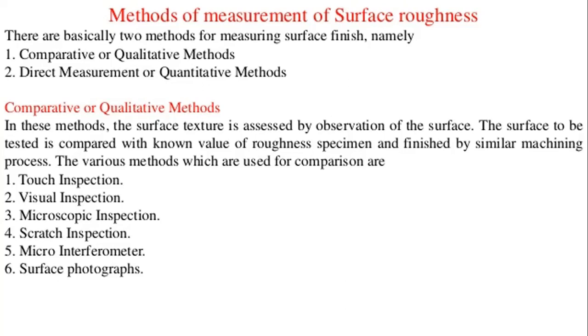So in these methods, the surface texture is assessed by the observation of the surface. Generally, the surface texture is judged only by observing the surface, by seeing or touching it, but not by any other testing measurement.